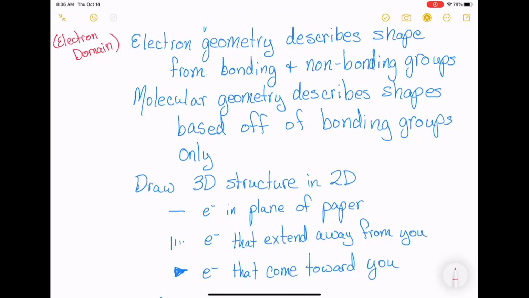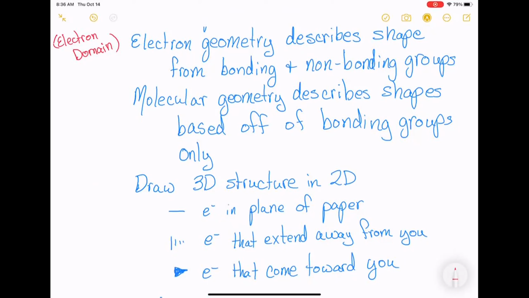Now, when you use that dash wedge, so if you have the plane of paper, and I'm using sticky notes so that hopefully you can see the differences in the two sides, we would use a straight line to represent any electrons that are in the plane.